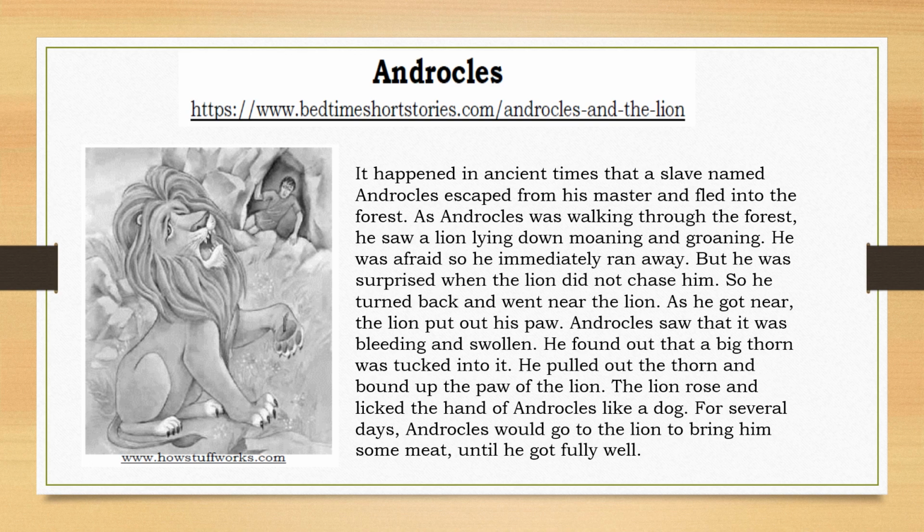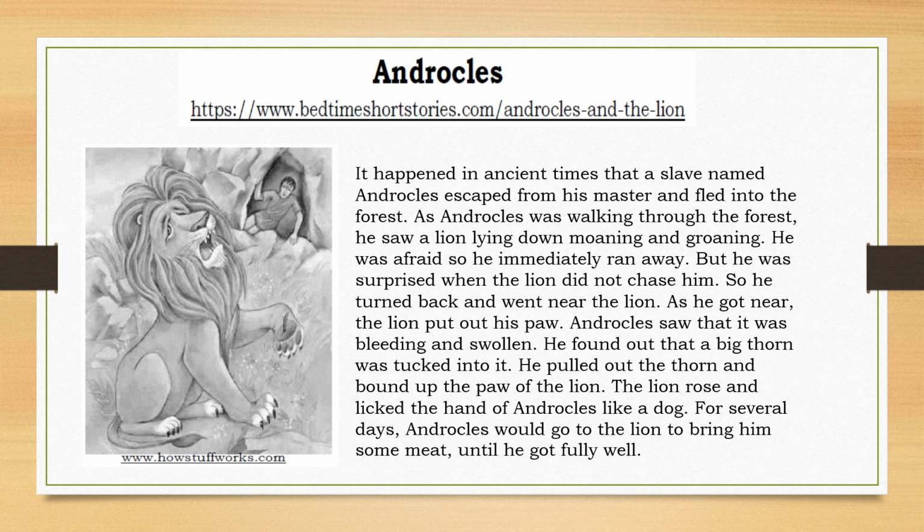It happened in the ancient times that a slave named Androcles escaped from his master and fled into the forest. As Androcles was walking through the forest, he saw a lion lying down moaning and groaning. He was afraid, so he immediately ran away. But he was surprised when the lion did not chase him. So he turned back and went near the lion. As he got near, the lion put out his paw.